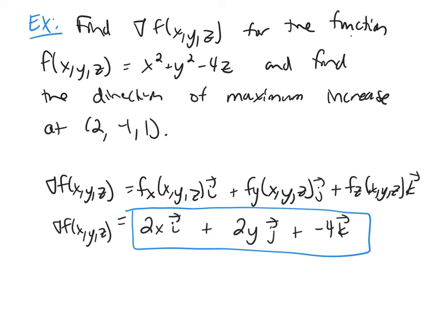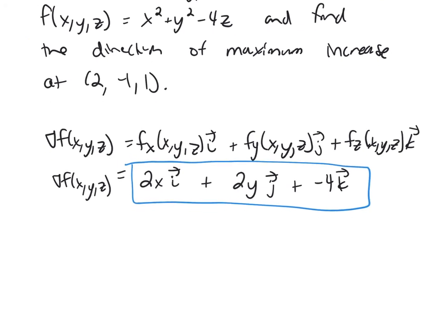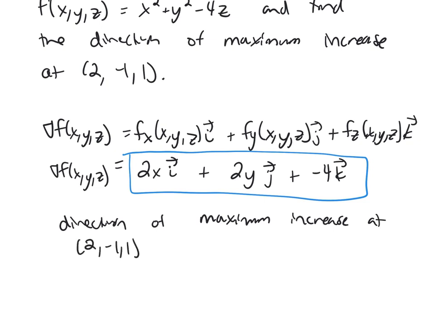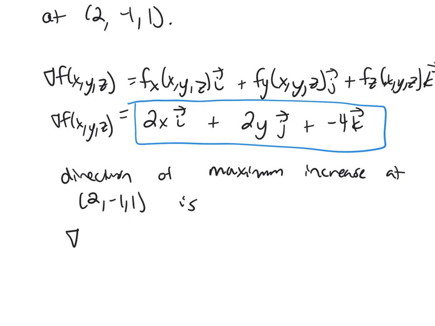The second part says find the direction of maximum increase. So remember that the direction of maximum increase at a point, in this case (2, -1, 1), is given by your gradient.